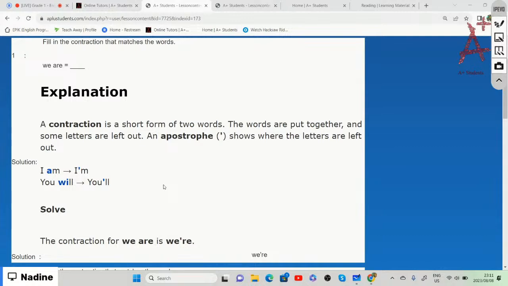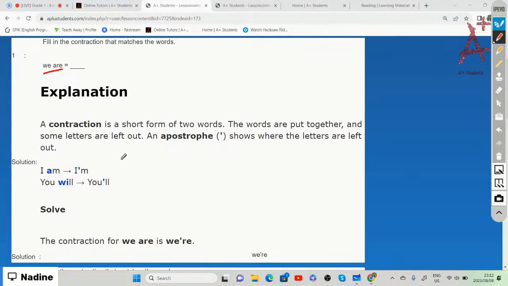The contraction for we are is we're. We put the apostrophe because the A is missing. So we're is the same as saying we are, the short form of the two words.